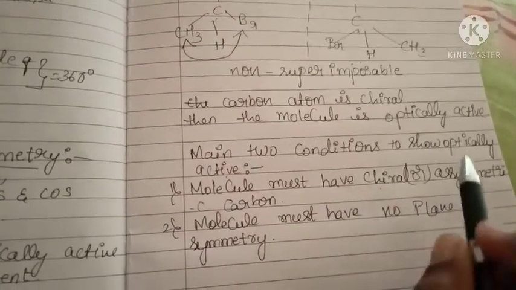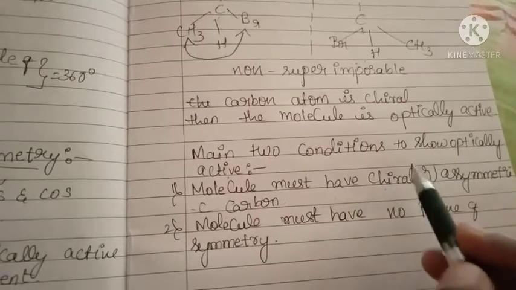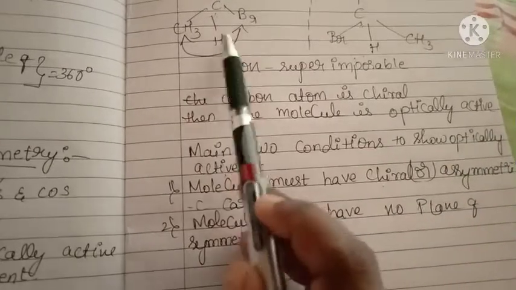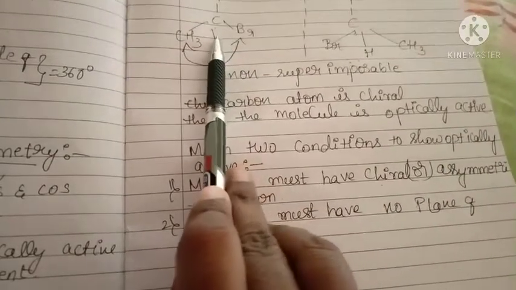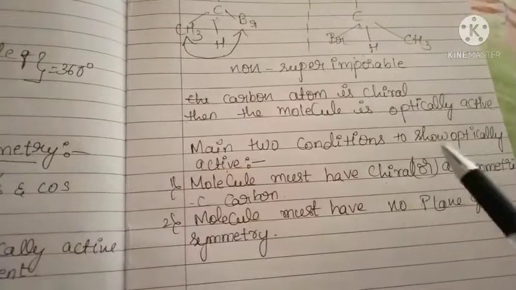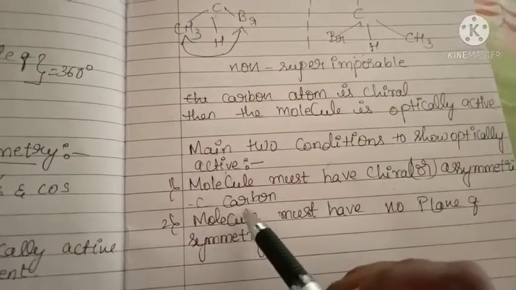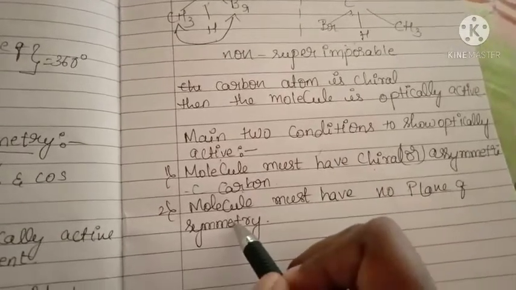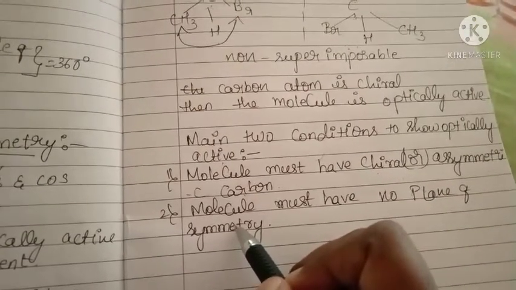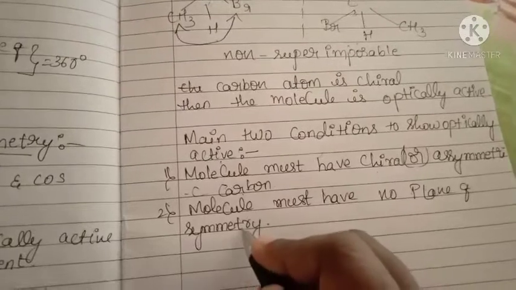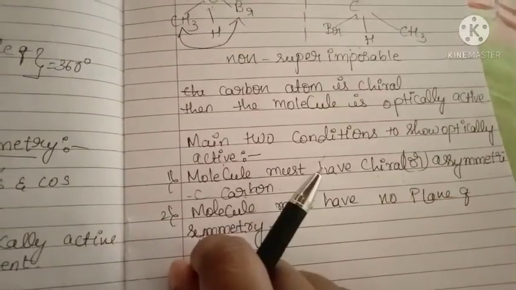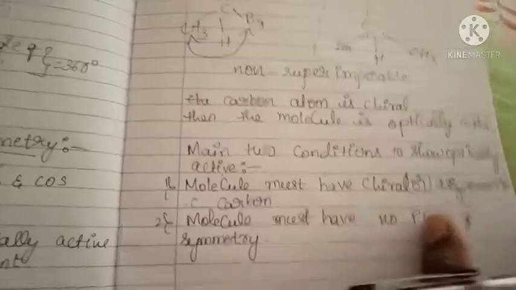Chiral means the carbon or a central atom is bonded with 4 different atoms. Not only carbon, another atom can also be bonded with 4 different atoms, and that is called asymmetric or chiral. The second one is the molecule must have no plane of symmetry, which means the plane of symmetry is absent. These are all about chirality, asymmetric and dissymmetric.